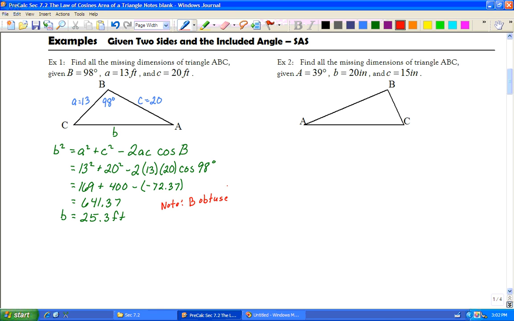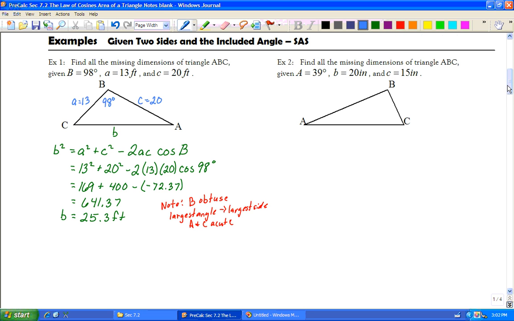So we know when we find angle A and angle C that those are going to be acute angles. Again, angle B is obtuse, so that's going to be our largest angle, which should correspond to our largest side. A and C will be acute.